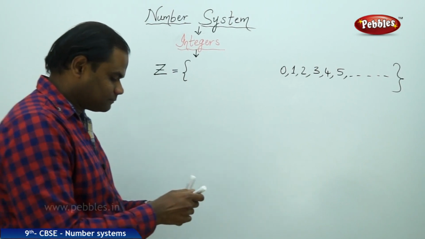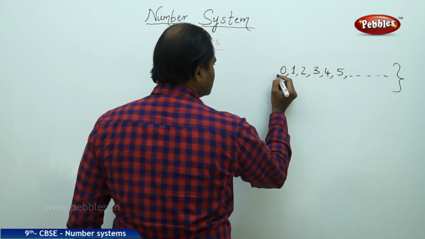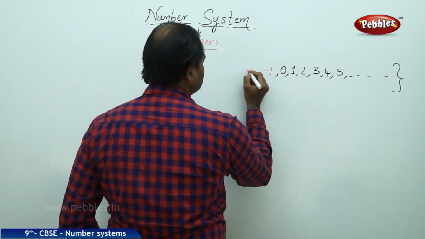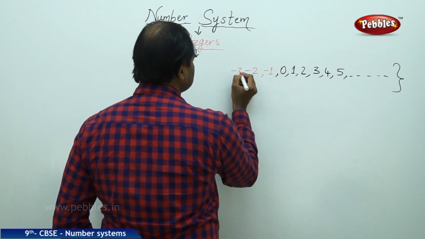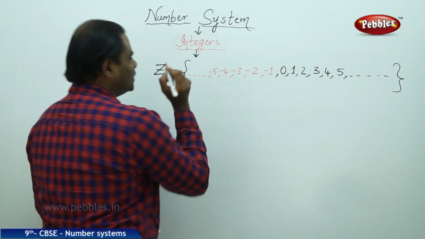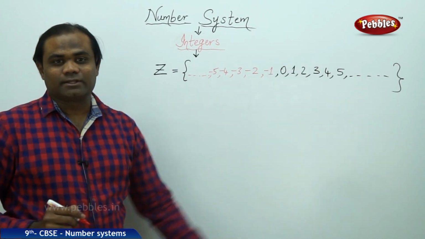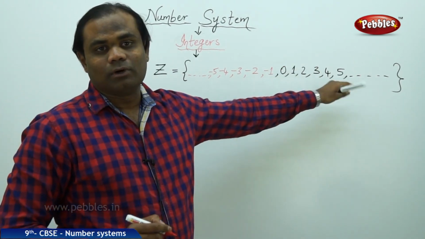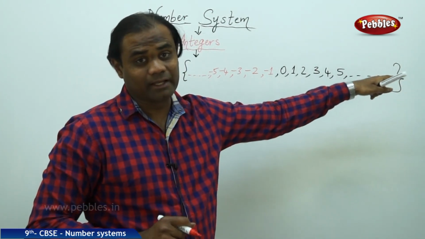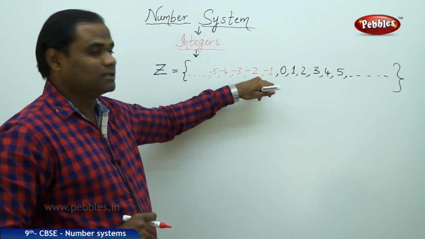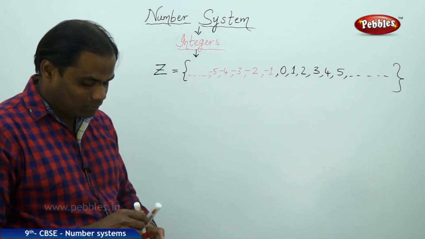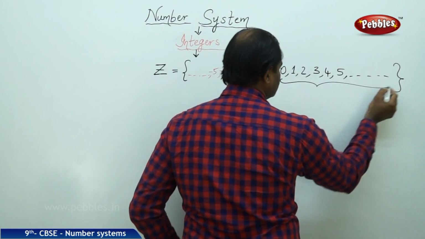Say for example, I have all the positive side on the right side, then I have all the negative numbers on the left: minus 1, minus 2, and so on. This is how we frame the complete set of integers, with the positive side being the natural numbers of positive sign, and the left side being the negative numbers of the natural numbers which are negative in sign, divided by 0.